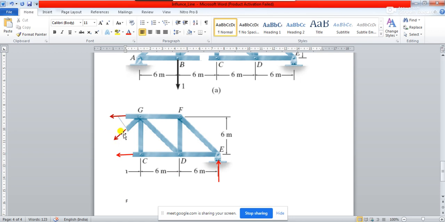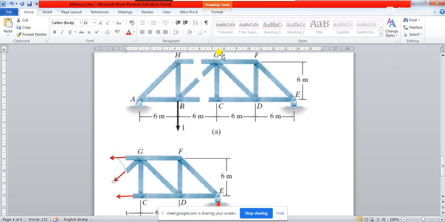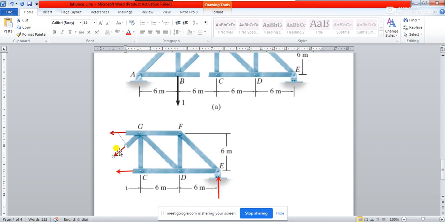If you resolve this force, which is nothing but your FGB, and this is your FGH, you are going to get one horizontal component and one vertical component of this force.